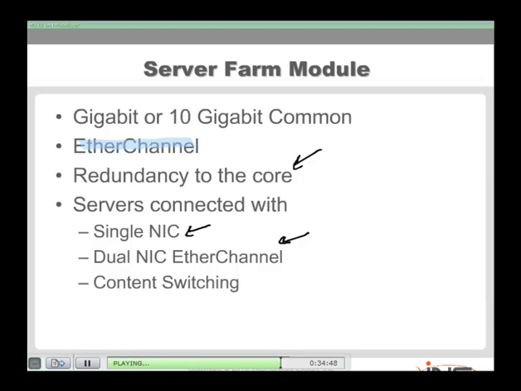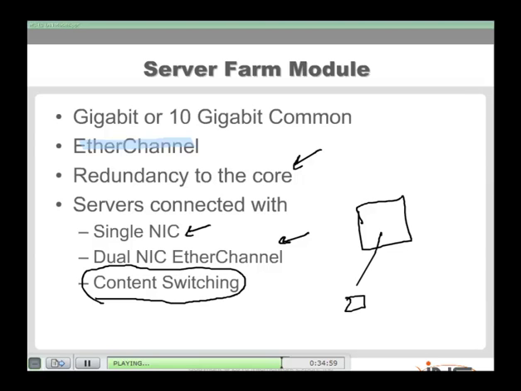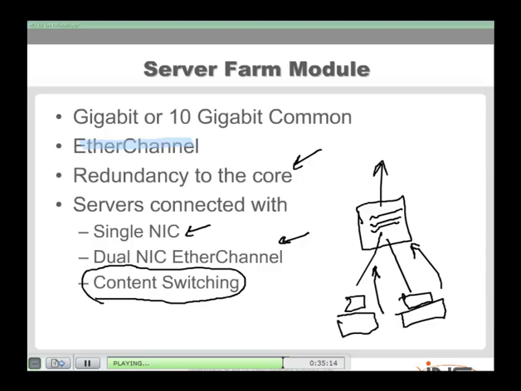The most sophisticated approach, though, is to engage in content switching. To have these very high-powered switches that connect to the server farm devices go ahead and pull the content off of the servers and have the switch cache the content and serve that content up to the core layer of the infrastructure.